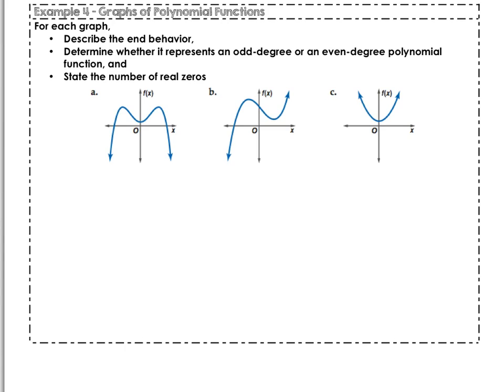Looking at A, first thing I want to do is describe what's called the end behavior here. So, the first part of end behavior I have as x goes to infinity. What this quantity really means is to the right. As I go to the right, what does y do? Your textbook, instead of y, just says f of x.